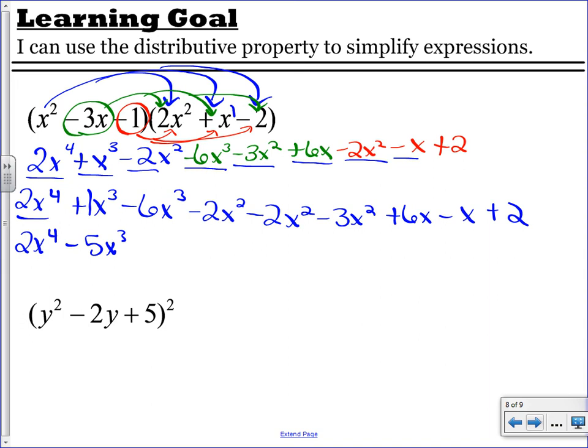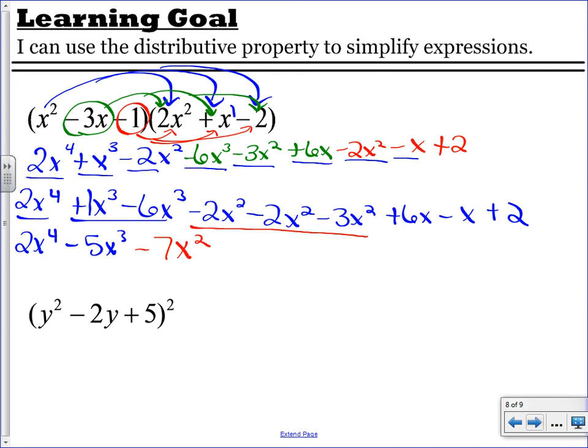Okay, so I've taken care of my x to the 4th. I've taken care of my x cubes. Here are all my x squareds. I plug all of that in my calculator. What would I plug in my calculator, Carissa? Negative 2 minus 2 minus 3 gives me negative 7x squared.